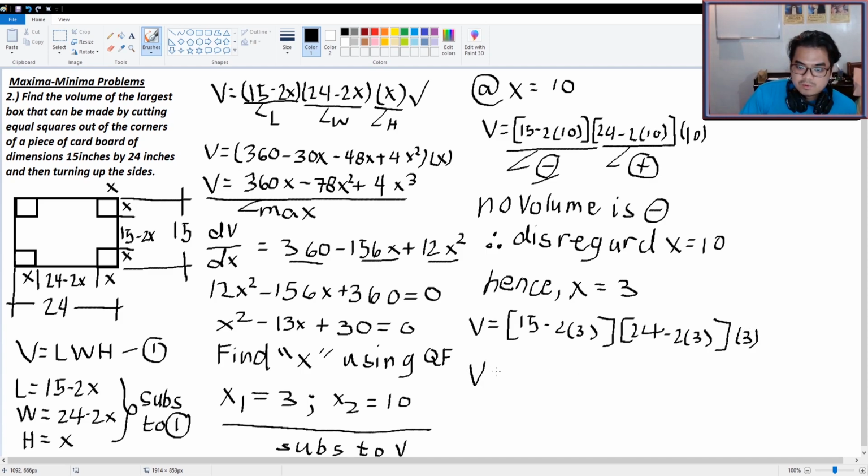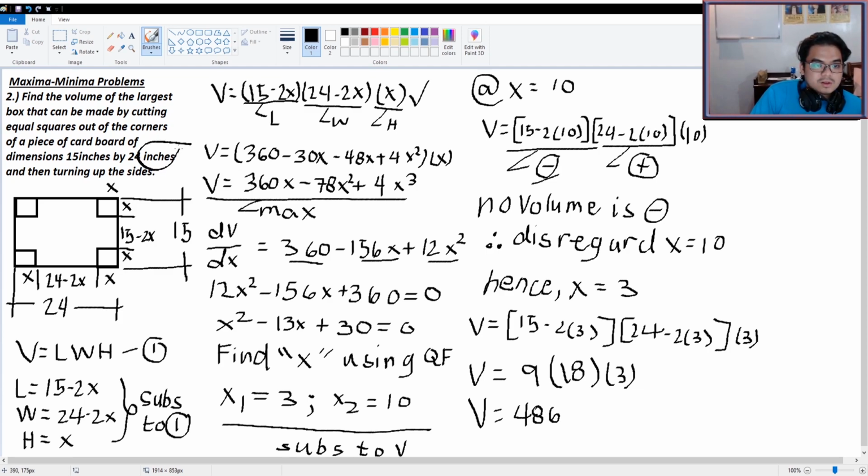So that will become V equal to 6 times, that is 15 minus 6, that is 9, times 24 minus 6, that's 18, and then times 3. Let me just use my calculator. 9 times 18 times 3. Therefore your volume will be 486. That is in inches, so therefore this must be cubic inches, and that is your final answer.